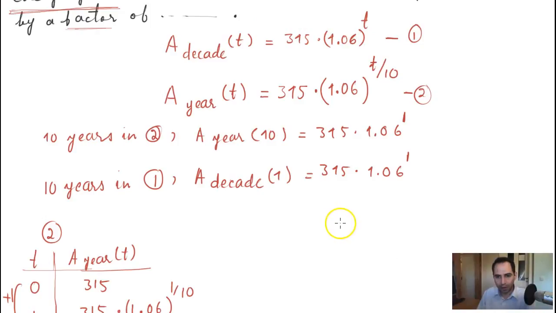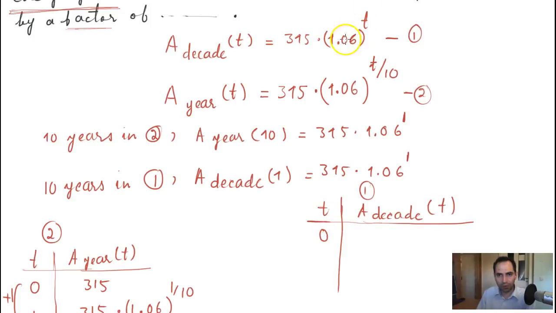You could simply form a table here, and this is number 1, basically, this whole table. So you have t here, A decade of t would be equal to, then if you entered your t as 0, then you would get output 315. Make your t 1, it becomes 315 times 1.06.